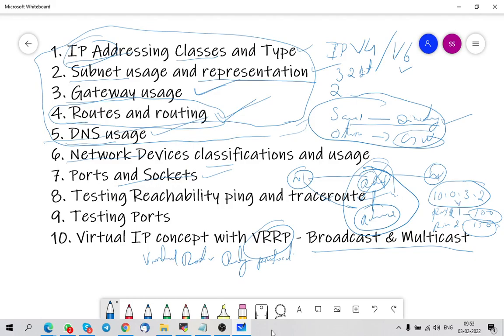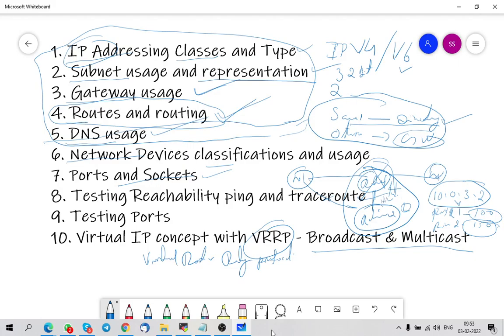So then whoever is not getting a higher priority than their own configured one will declare, I am holding that IP. Suppose, see here, this is lower priority, this is higher priority. When this is sending a message to here, it will know that okay, the higher one is active, so then it will keep quiet.